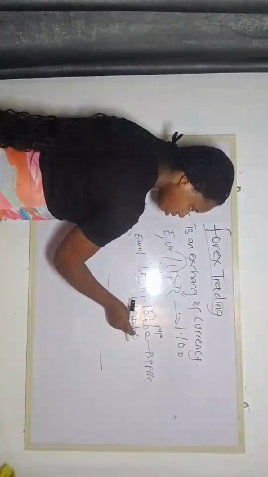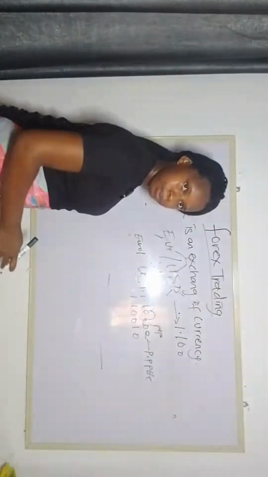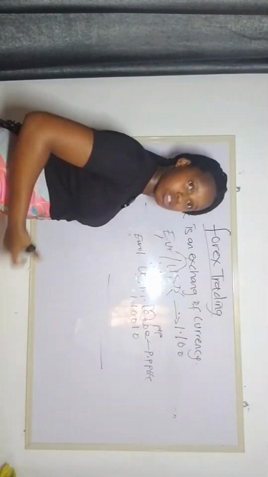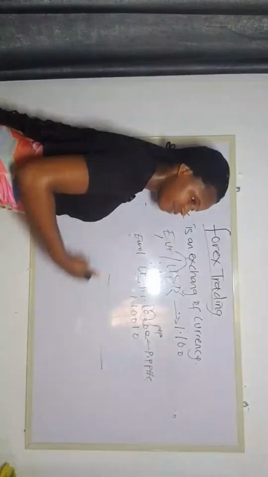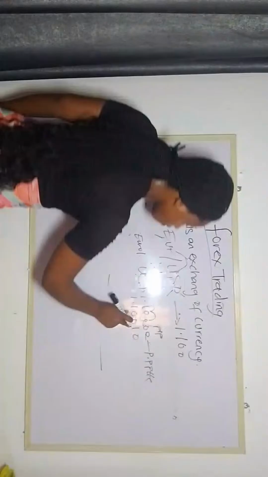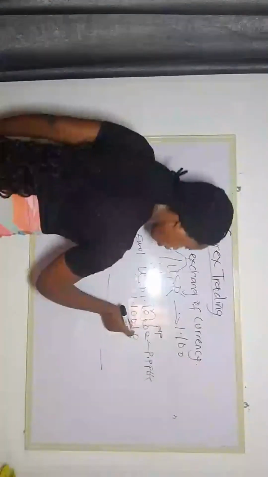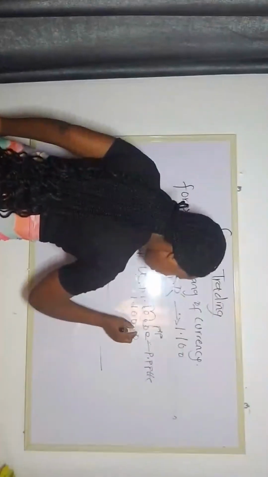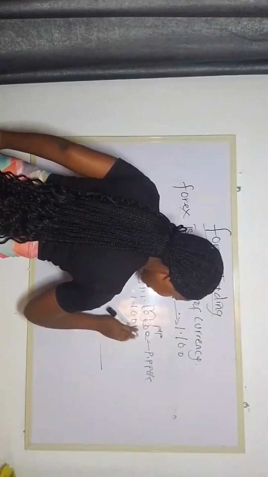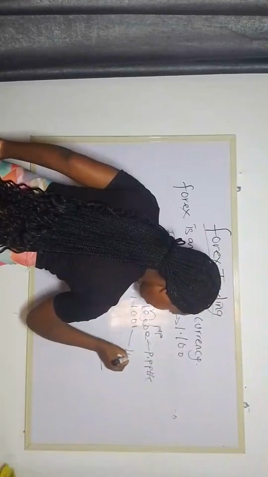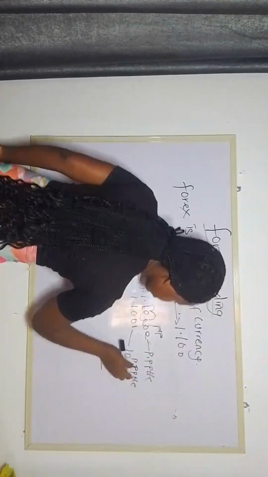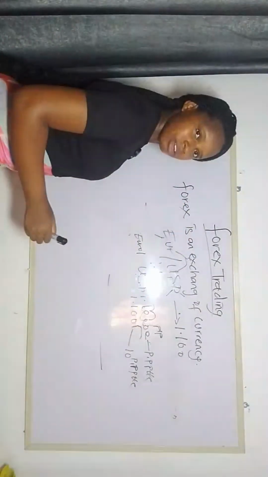That is how this pip is. So pipette is like seconds, which is not much value. So now you already have 1 pip. So 10 pipettes make 1 pip. I don't know if you are understanding.